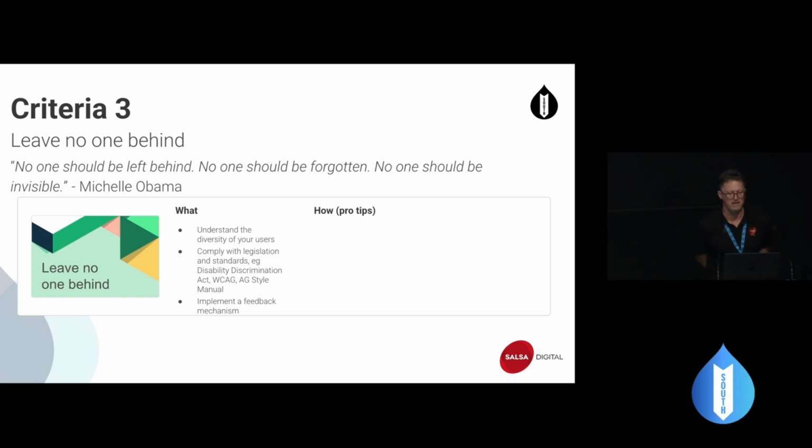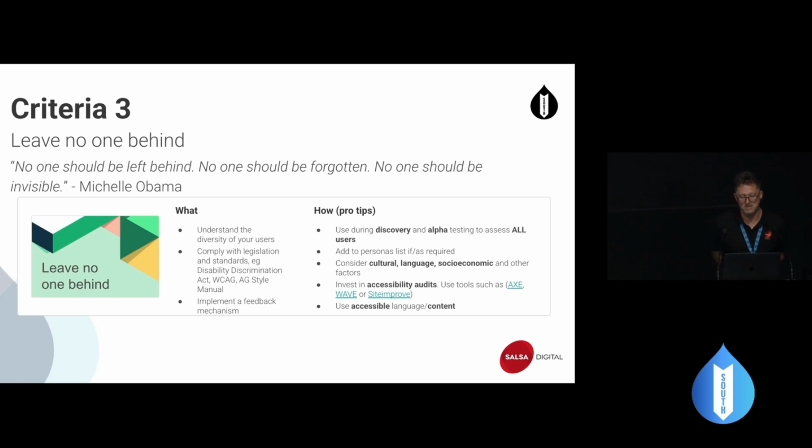Criteria number 3, leave no one behind. So what does this criteria involve? From the standard, you'll see, understand the diversity of users, understand relevant legislation and standards. So how? Well, things I've seen work well: use discovery and alpha phases to try to further discover personas.